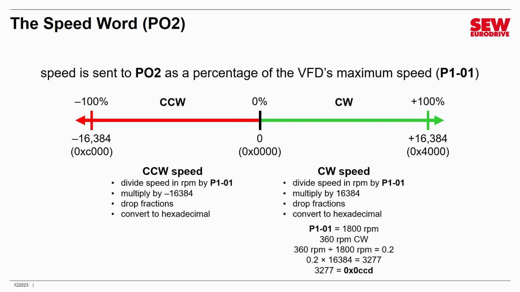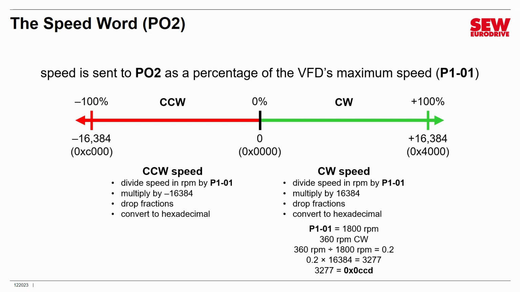Let's say that I have an 1800 RPM motor on my VFD, so that's the value in parameter 1-01, and I want to turn 360 RPM clockwise. So what I do is I take 360 RPM, divide by 1800 RPM, and that is 0.2. I then multiply 0.2 by 16,384, and I drop any fractions.